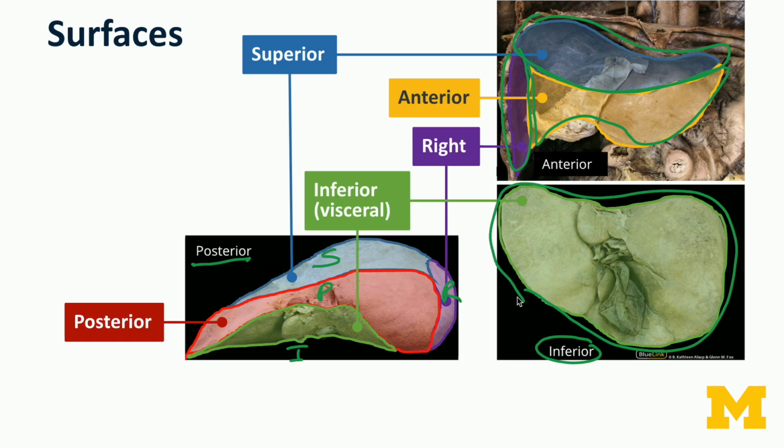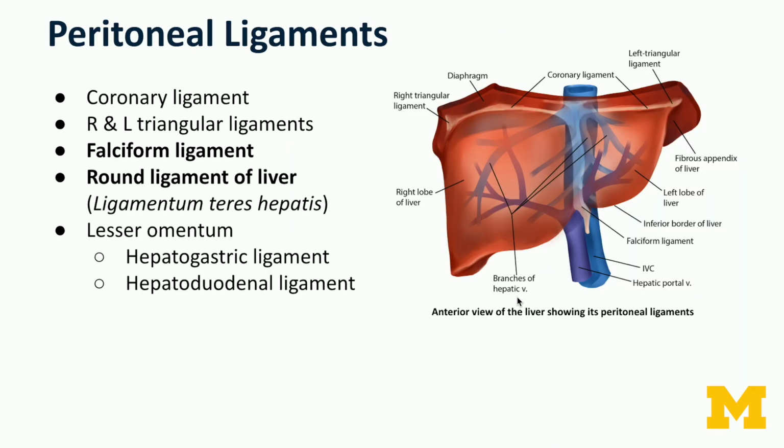And it's that visceral surface or inferior surface of the liver which is an important constituent for moving materials in and out of the liver. There are also several peritoneal ligaments of the liver. These are condensations of visceral peritoneum that attach or anchor the liver to other structures.